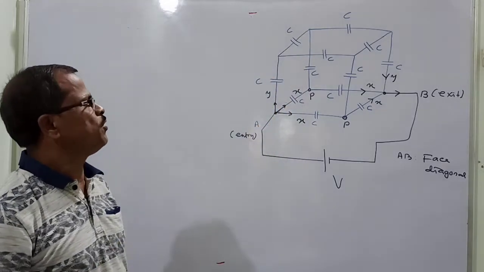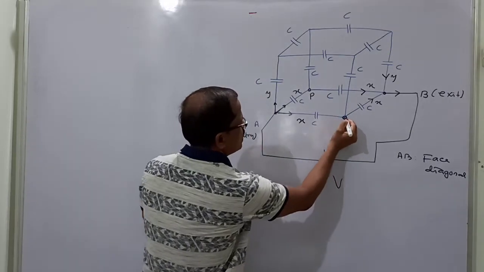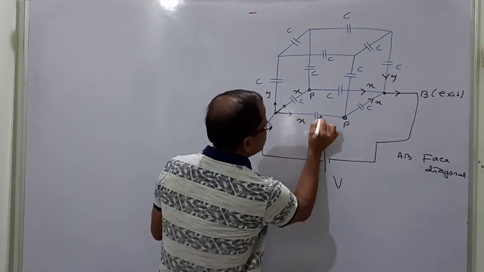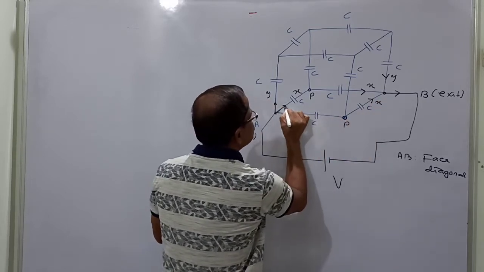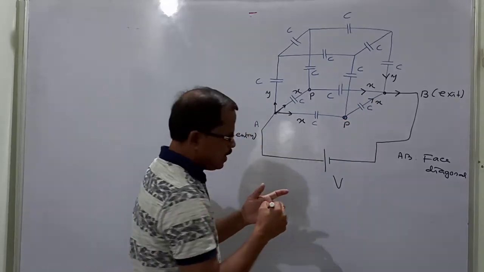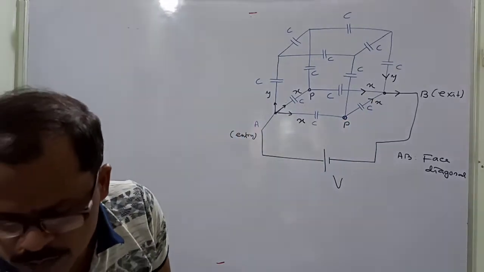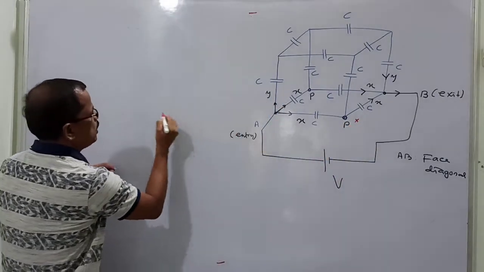Now come to a point here. At this point B, let us see: when the charge is coming this way, the same charge is going this way. The charge that is coming here, the same charge is going here. Now come to this point and let us discuss its importance.